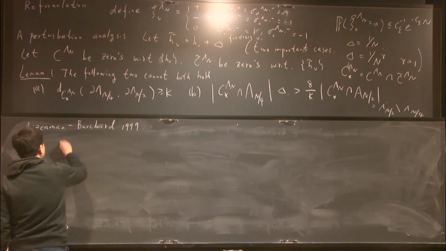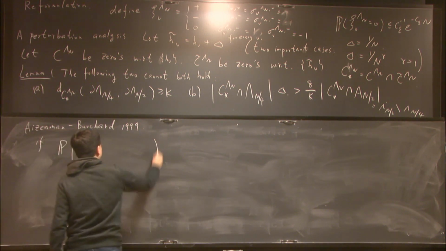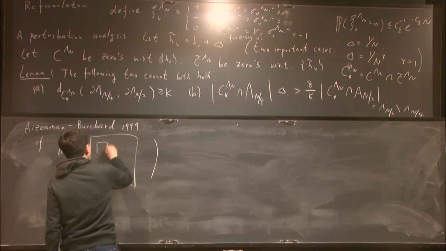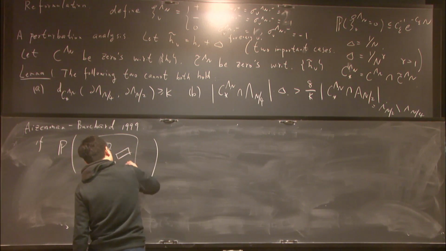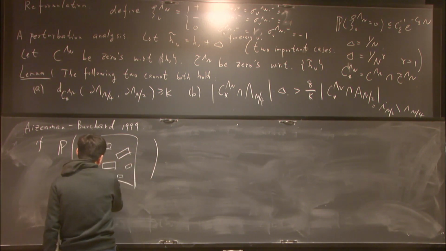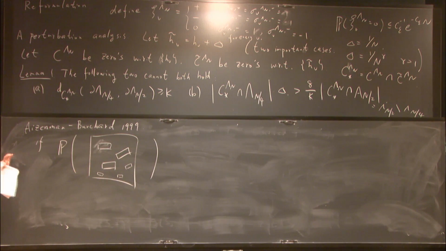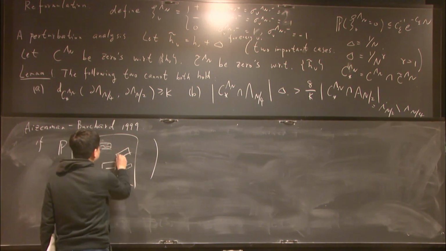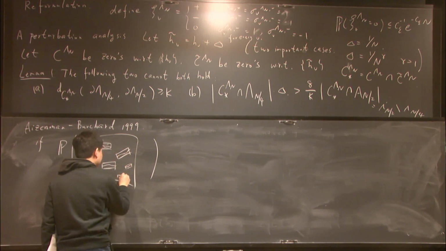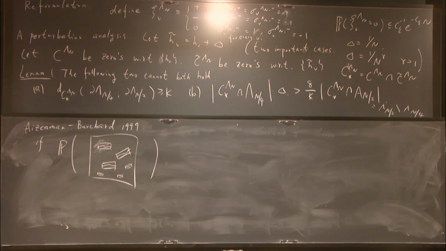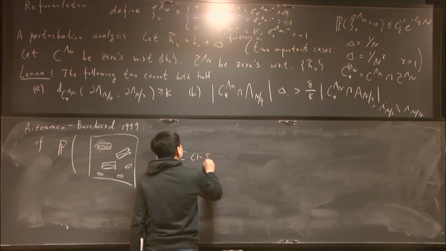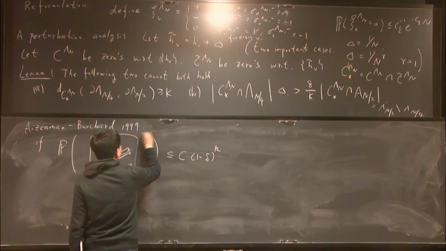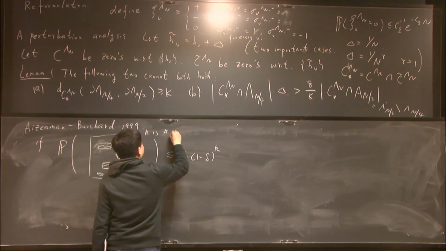If percolation, you can consider rectangles of all sorts of sides, but as long as they're well separated in a certain way, and if you look at the events that they have a crossing in the long direction in all of these boxes, you need this to be less than some constant to the power of k, where k is the number of rectangles.